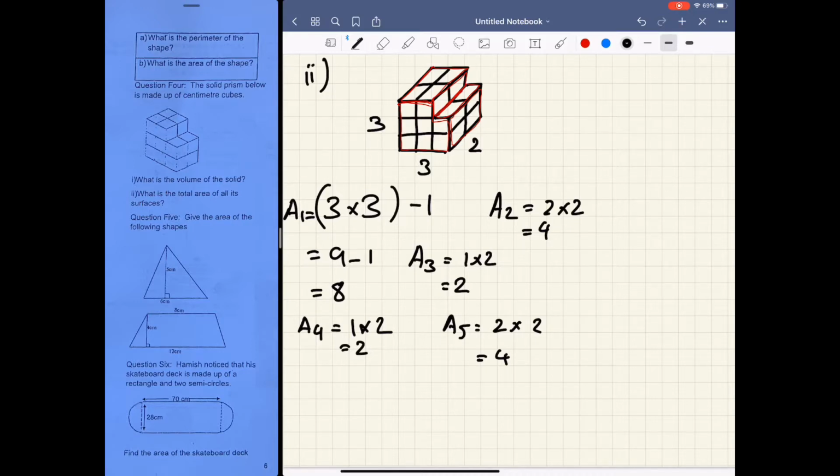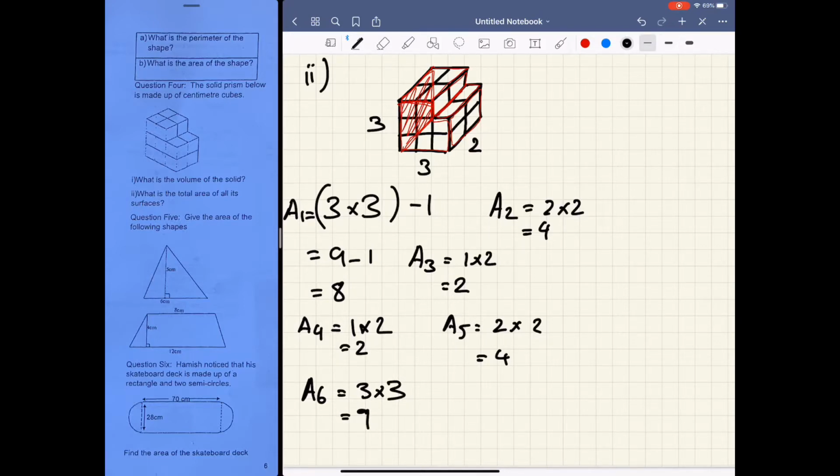And then we've got to calculate the areas behind it as well, the areas that we can't see. For example, the area going along here, right? So that would be area 6. Area 6 equals 3 times 3, which equals 9.